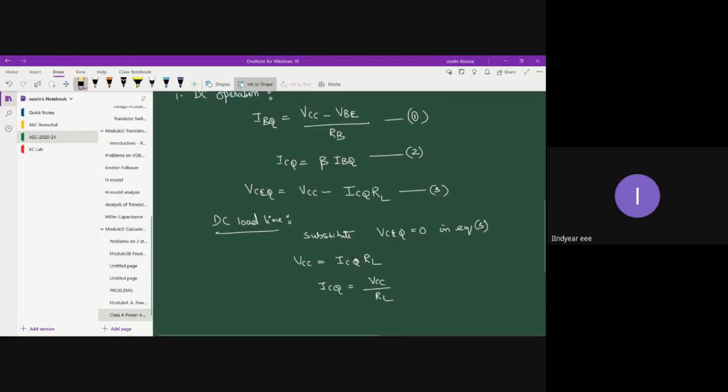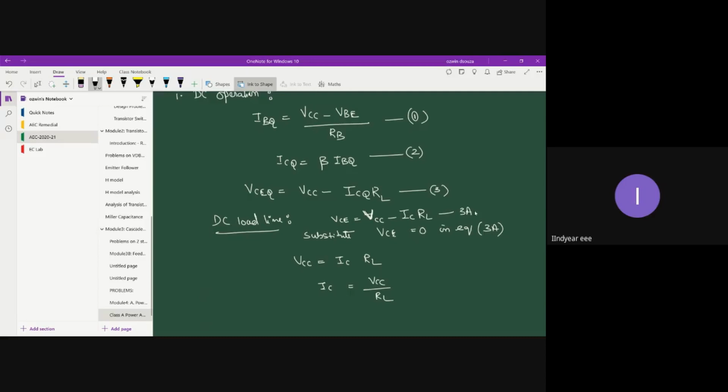Now, in order to avoid confusion between equation 2 and equation 4, let us just take this as IC. We will not take it as ICQ. So I will write 3A. 3A is going to be VCE equal to VCC minus IC into RL.